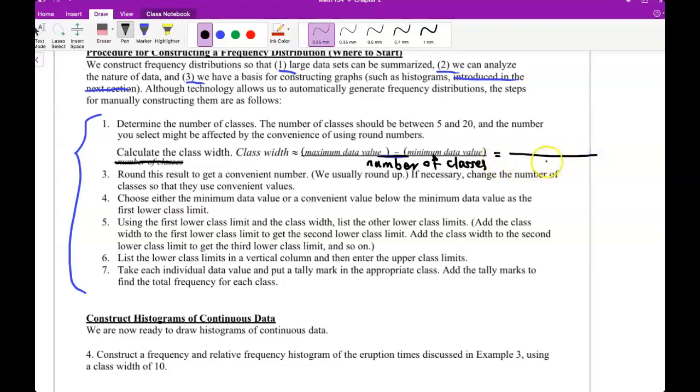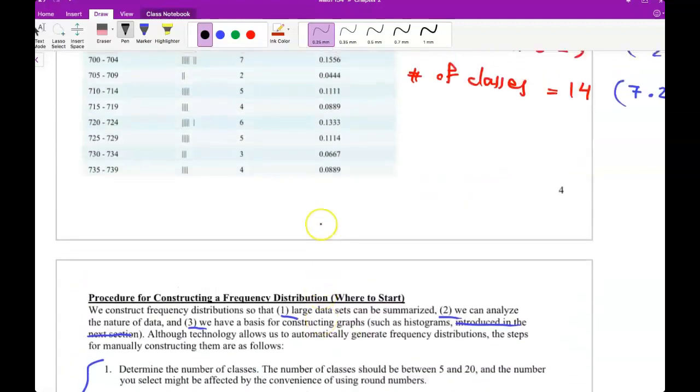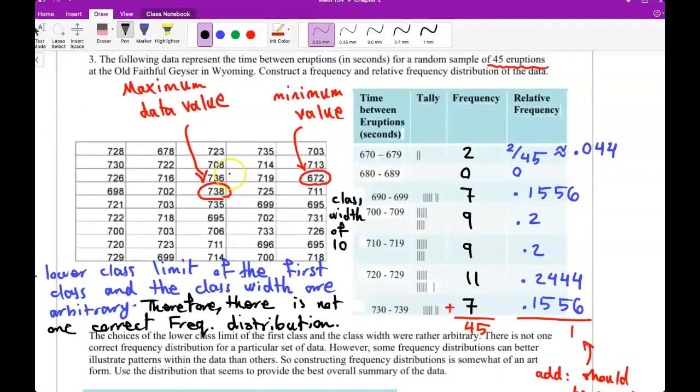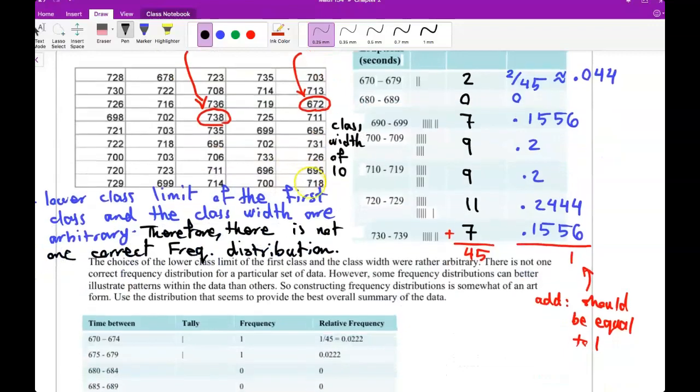Let's find this one based on the previous example. So what we have here is step 3, round this result to get a convenient number. We usually round that up. The maximum data value here was 738 and the minimum was 672.